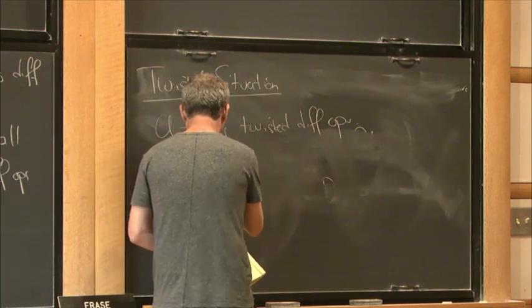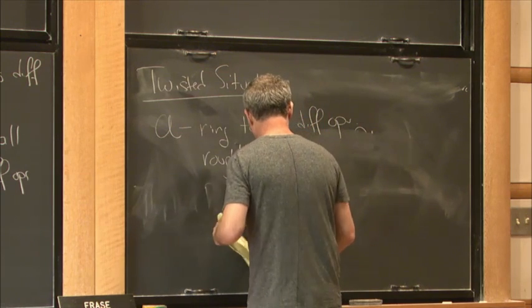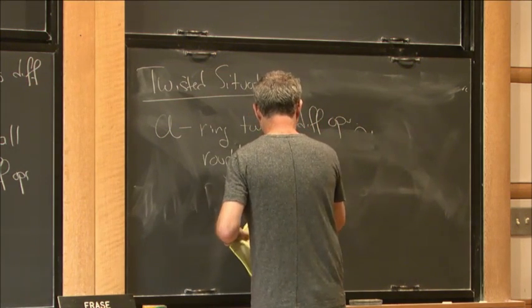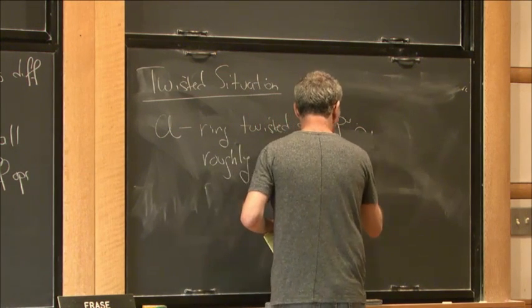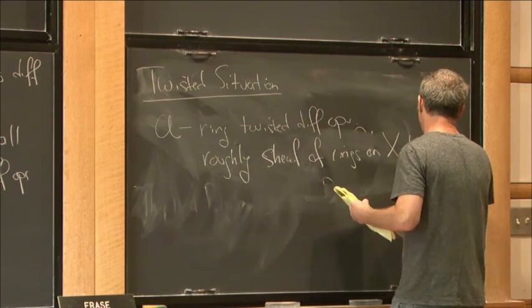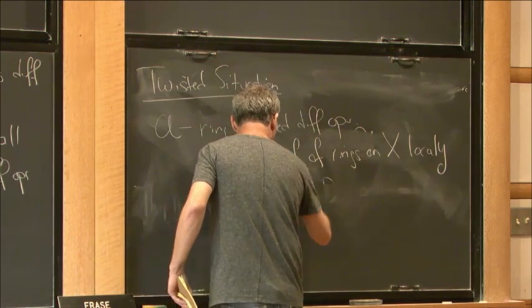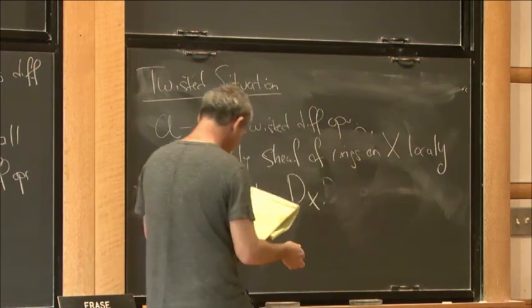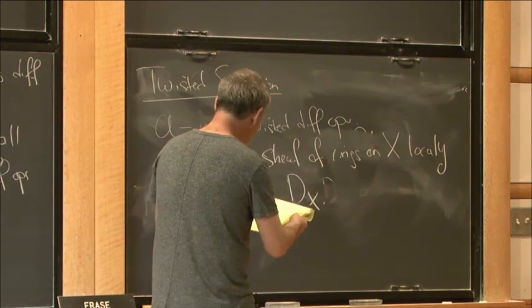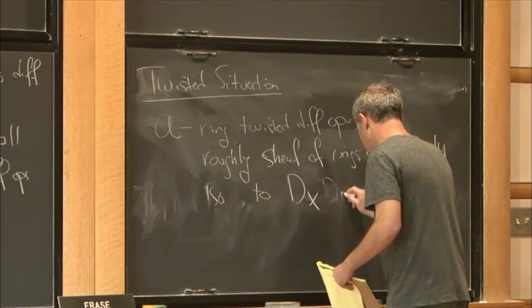So roughly, this is a sheaf of rings on X which is locally isomorphic to dx, in a way that respects the order of differential operators.